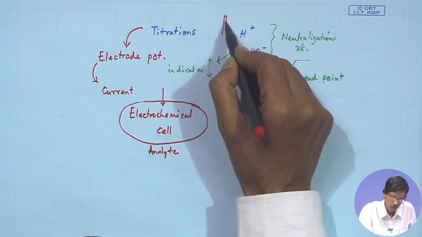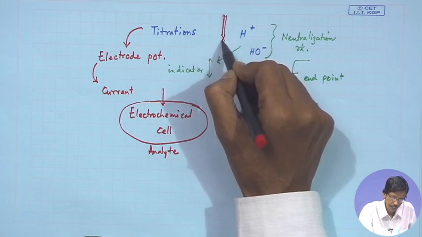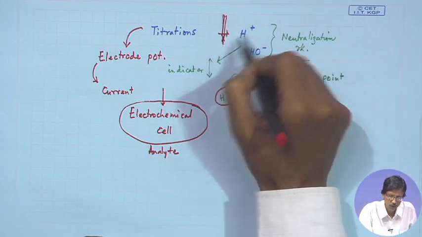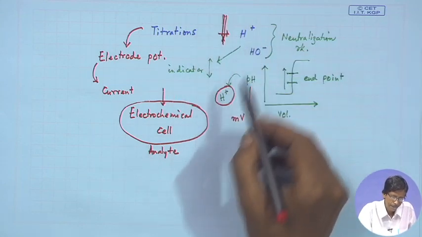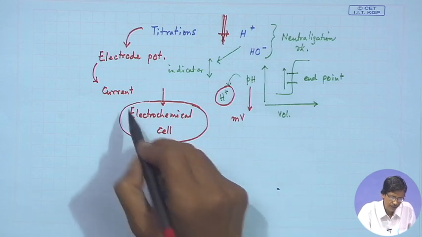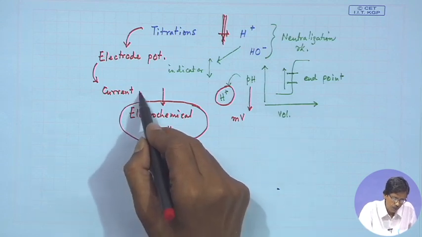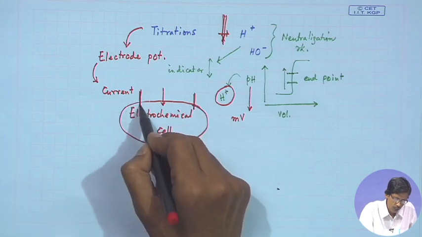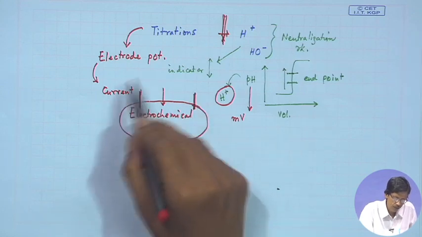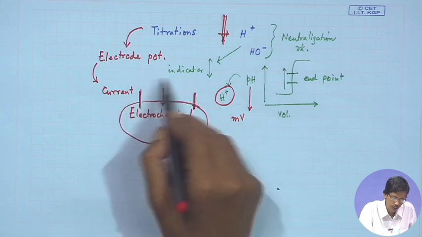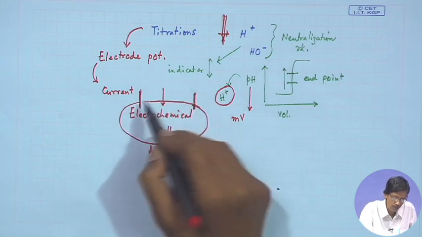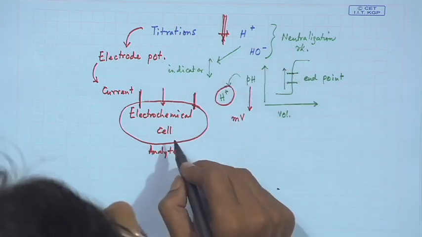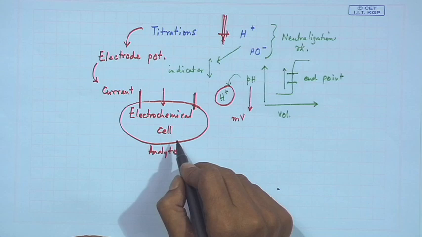This is the typical burette pipette arrangement, which gives you the dropwise addition of the hydrogen ion. Within the electrochemical cell, the sensing points are your electrodes. If we can externally measure the current passing or the voltage between these two electrodes, that is why we are discussing the electrochemical cell as well as the galvanic cell.